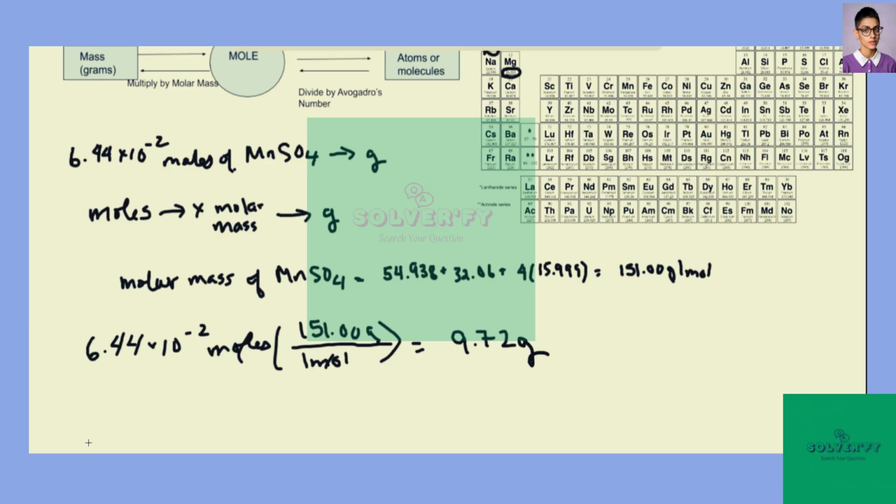You could start instead with a mass, so let's say 15.8 kilograms of a substance, FeClO4, and change it to moles.